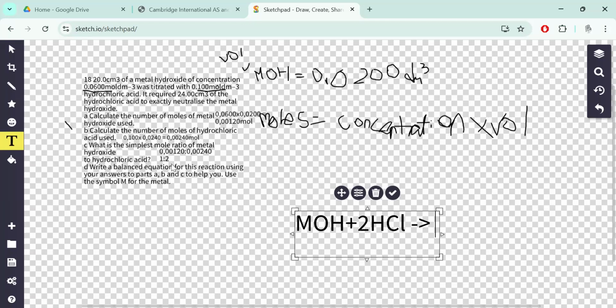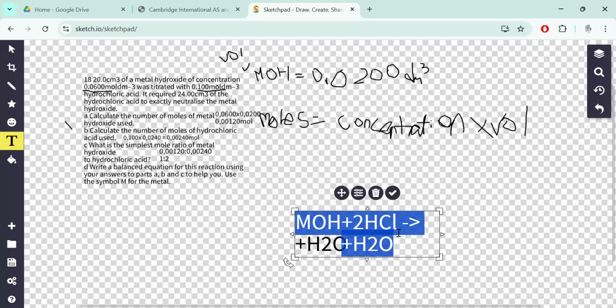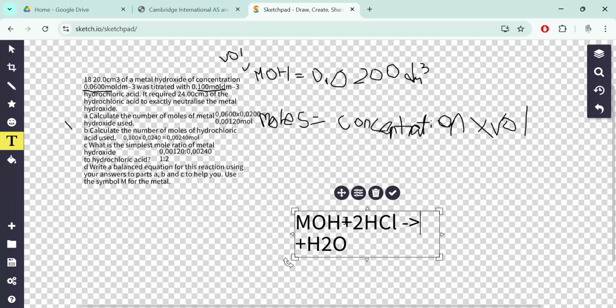The end result should be water, so it'll be something plus water usually. So let's write it right there. We have H right here, two right here. Let's see, the H2O: we have two hydrogens, so the hydrogens should be crossed out, and we have oxygen right here crossed out.